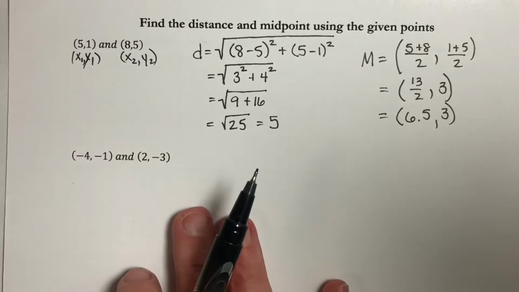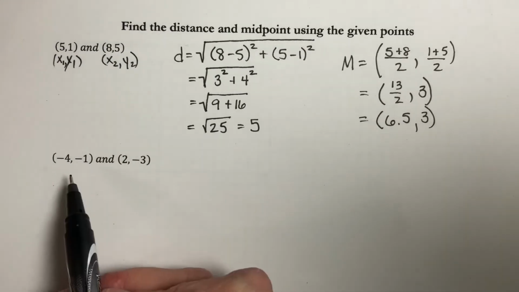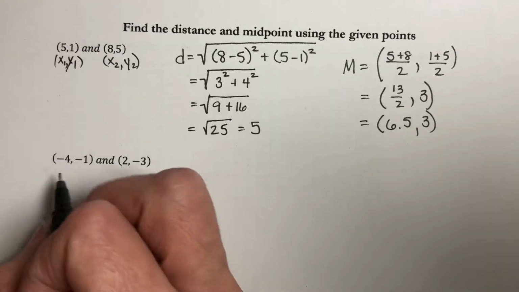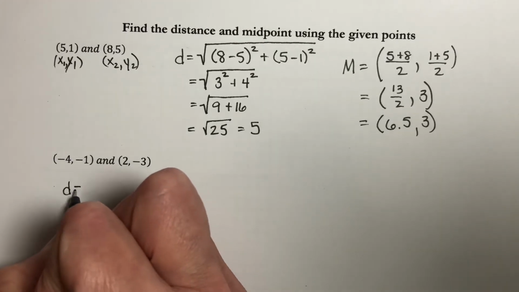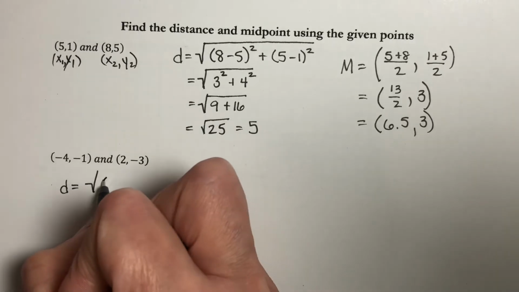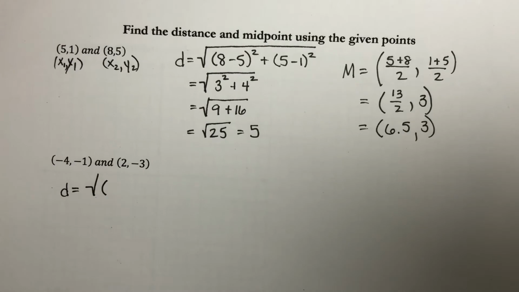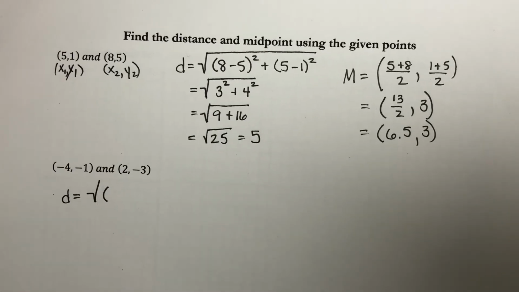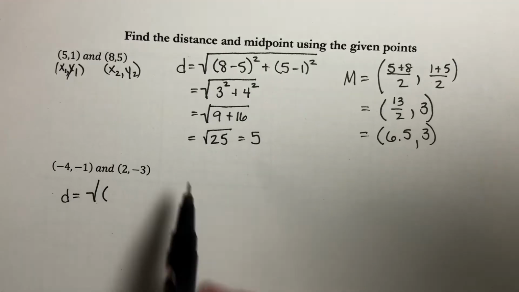Okay, so let's do the same thing here. I want to find the distance, the length of the line that connects these 2 points. So this distance equals the square root of something. Just subtract your x values. It doesn't matter what order you subtract in. If you want to think ahead and try to make sure you get a positive number, that's going to be great.